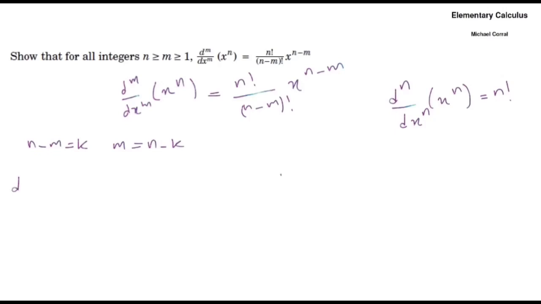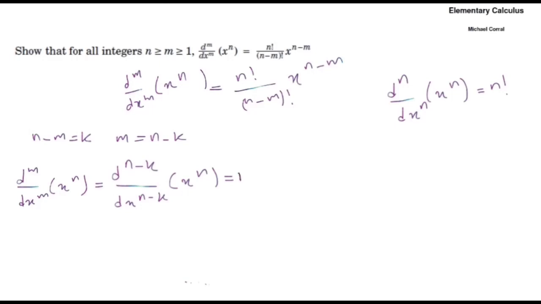So the m-th derivative of x to the n power equals, here we substitute n minus k for m, and the result is n times n minus 1 times n minus 2 until n minus k plus 1 times x to the n minus k power.